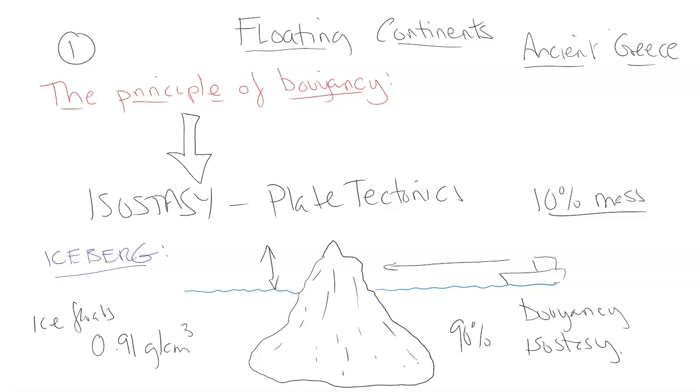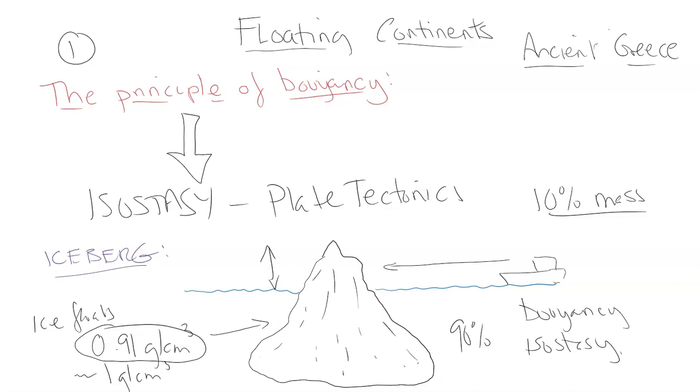And we all know that the density of water is around 1 gram per centimeter cubed. Thus, 0.91 is less dense than water. Thus, ice floats. Now we can get into the chemical structure of ice and water in a different video. Right now we can just visualize that this iceberg is lighter and is going to float.